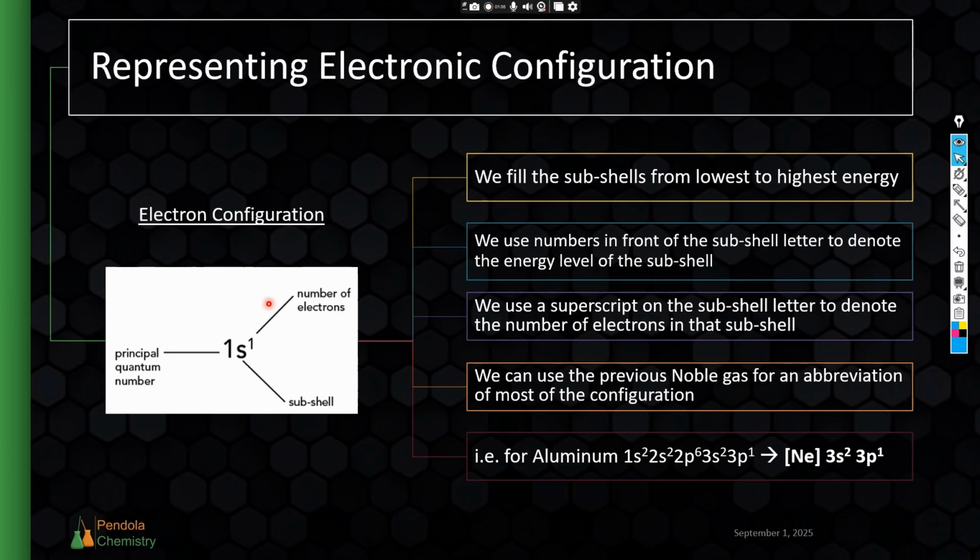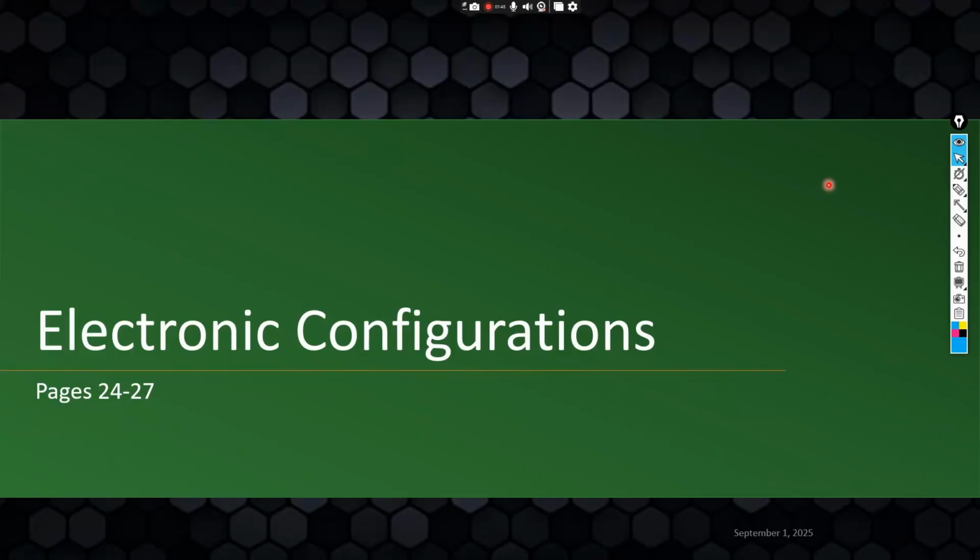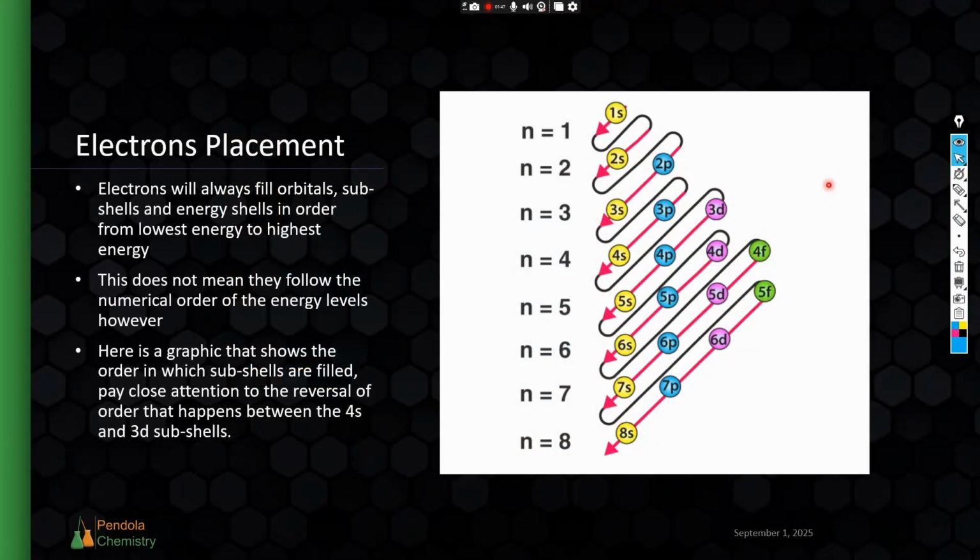Now we're always going to fill the subshells or sublevels from lowest to highest in energy. In order to do that, we're going to skip backwards a little bit. We need to remember this diagram that we studied in section 3 that tells us the orders of the sublevels by crossing them out diagonally.